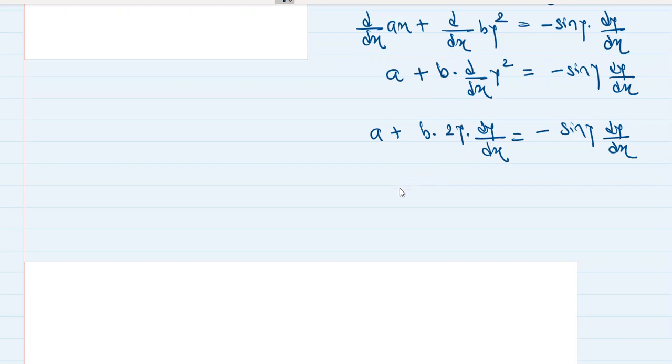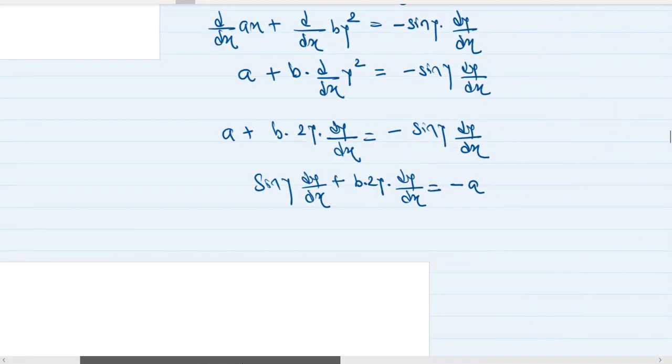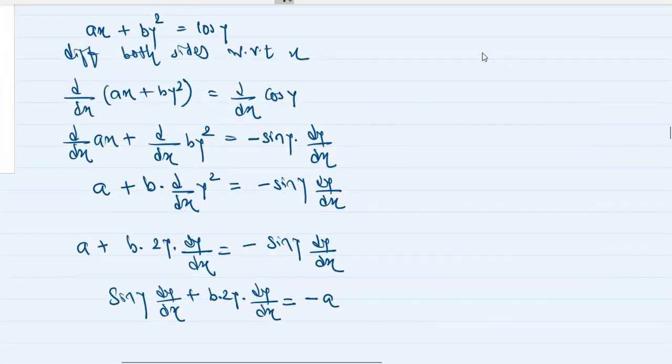Now I'm going to do some shifting. Let me shift a to the other side. So this will become sine y dy by dx plus b multiplied by 2y multiplied by dy by dx is equal to minus a. No problems, right? So I will take out dy by dx common.